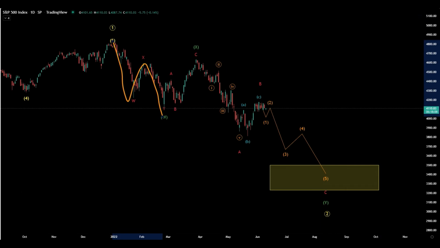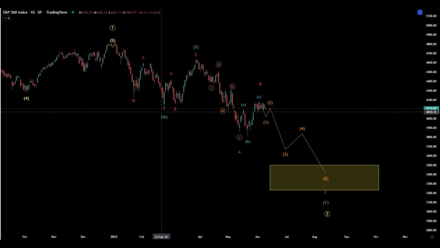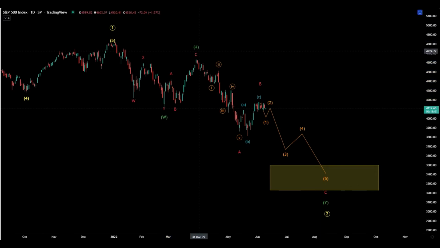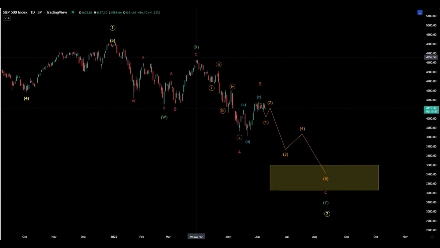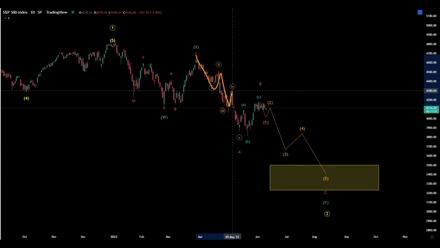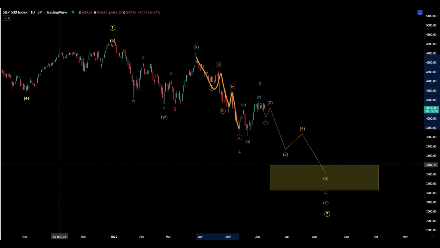It's a 3-wave move, followed by what looks to be an expanded flat into the X wave, and then this is looking like a 5 to me: 1, 2, 3, 4, 5, but it can't be done.